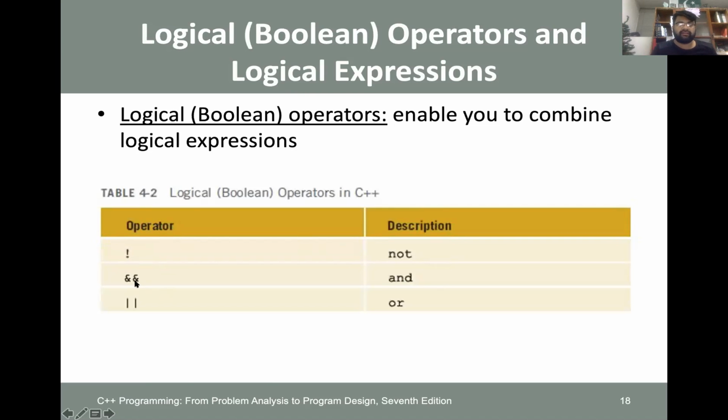Then you have the ampersand sign, which is used for the AND logical operator. This says that if the left hand side and the right hand side conditions are both true, only then will this operator return a true value. This is a binary operator that has a left hand side and a right hand side, while the not is a unary operator.